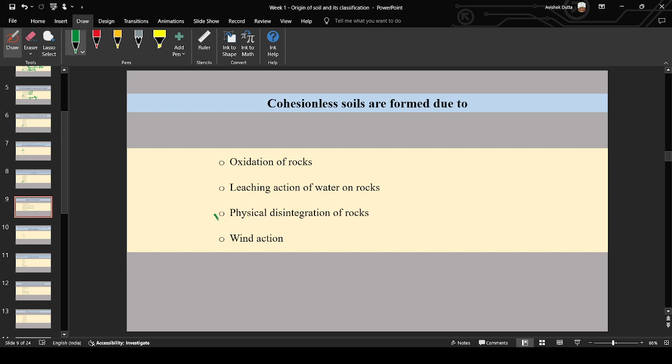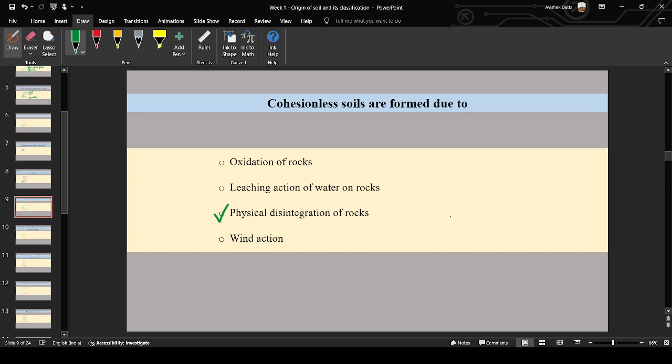Now the other options, like oxidation of rocks, bring about a change in the chemical composition of the rock mass. Oxidation, addition of oxygen, will not form cohesionless soils. The second option, leaching action of water on rocks.